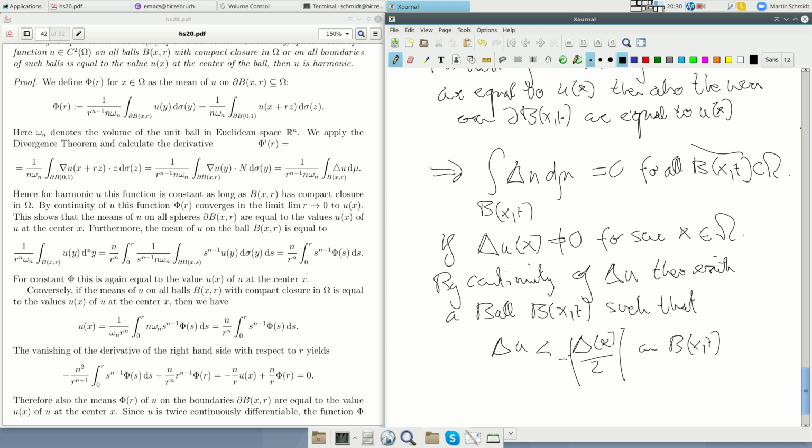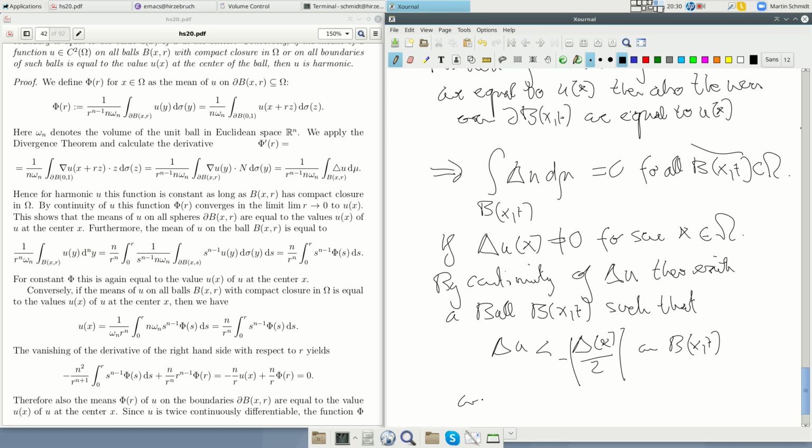Yeah, if Δu of x half is negative, then we may find a small ball that is smaller than minus Δu half, because we can make the distance to this smaller than the absolute value half.